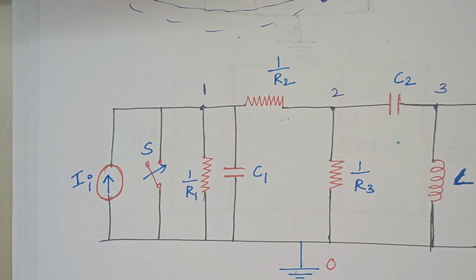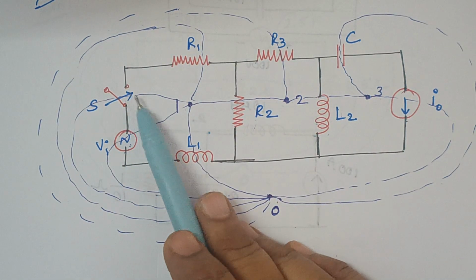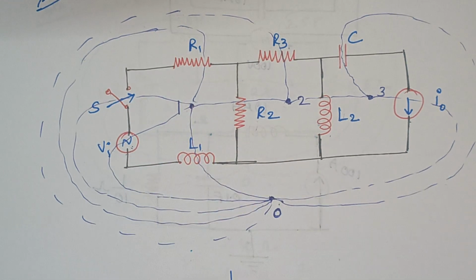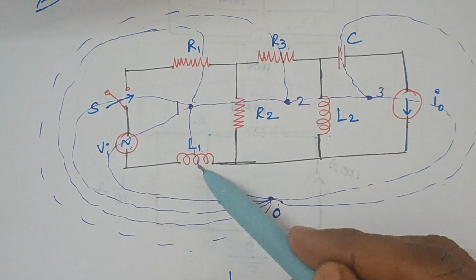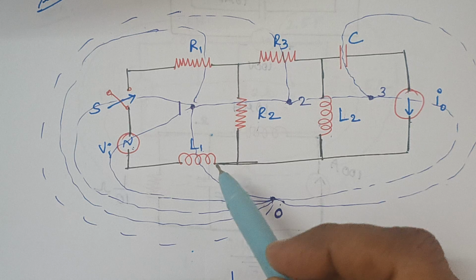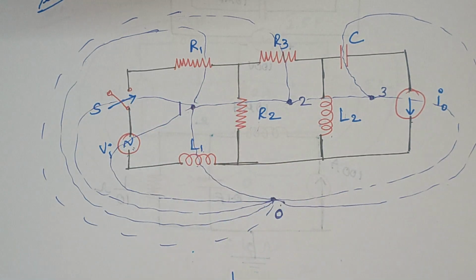Right. Now the next thing is, you see here we are having a switch. Right. So the elements in series will occur as elements in parallel. So here you see all these 4 elements are in series. So while representing, all these 4 elements should be parallel to each other.